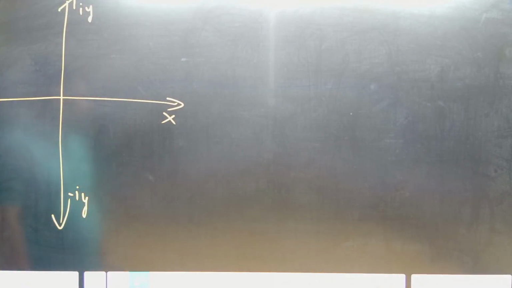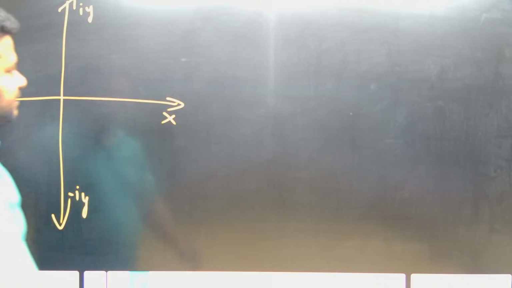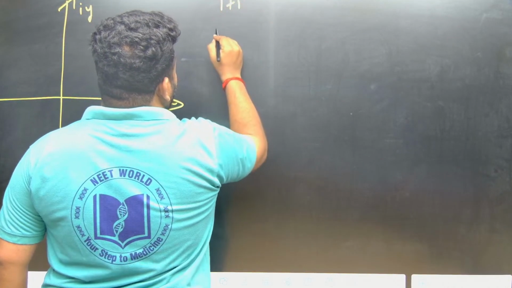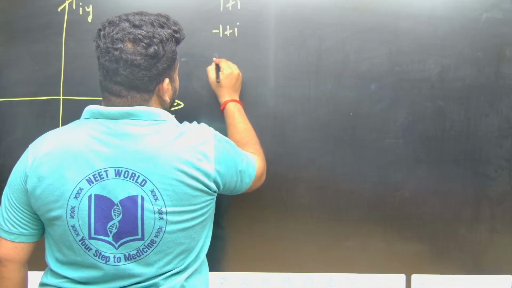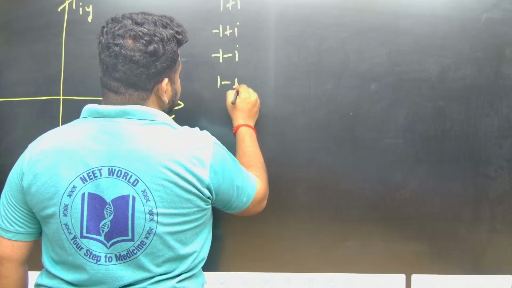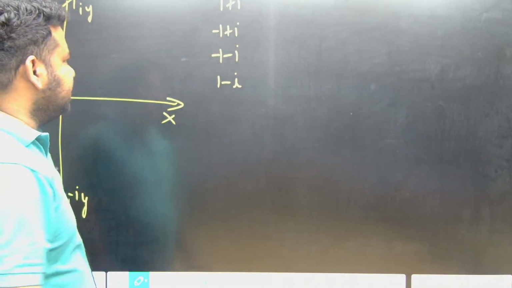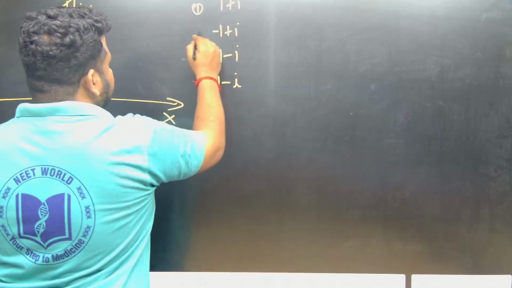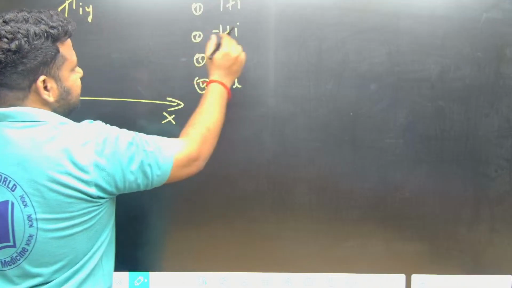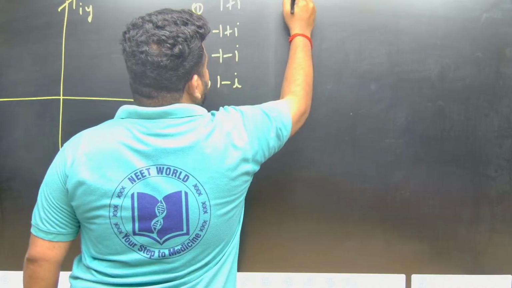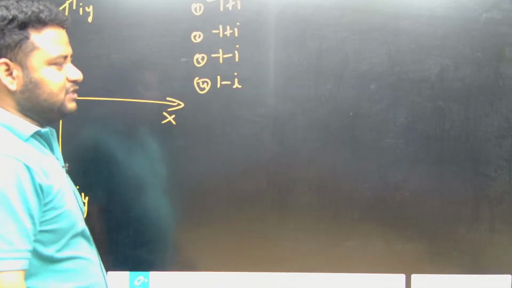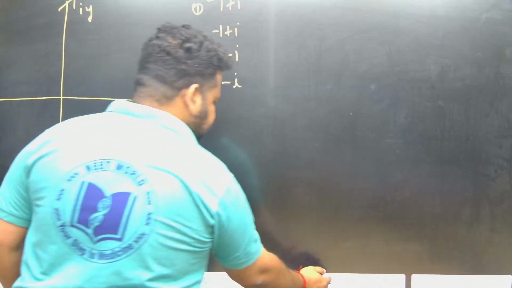Suppose I am given complex numbers like 1 plus i, minus 1 plus i, minus 1 minus i, 1 minus i. These are the values that are given. For each of them I have to find the argument of z.